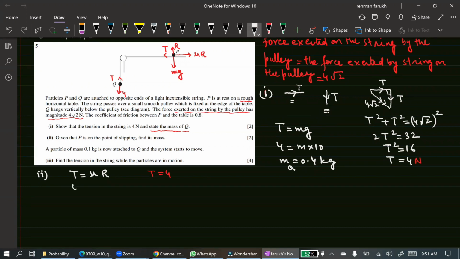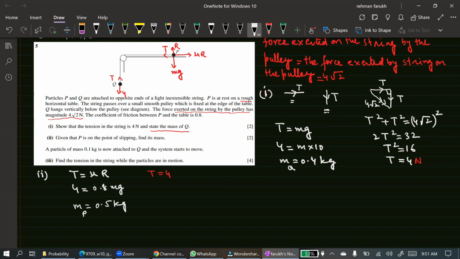Now 4 is equal to mu times R, where mu is 0.8 and R is mg. M is equal to 0.5 kg, which is the mass of P.